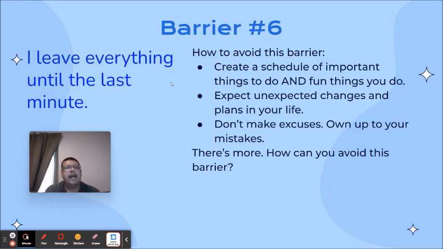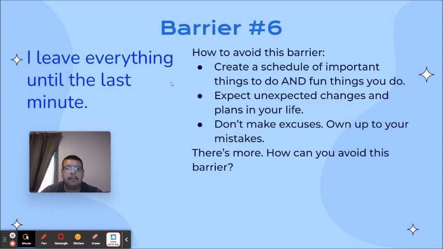Another barrier is I leave everything until the last minute. Now, as human beings, we can be very detailed by doing things on time, or we can procrastinate, which means you can leave everything until the last minute. If you are that type of person that leaves everything until the last minute, then this is a way that you can avoid this barrier.